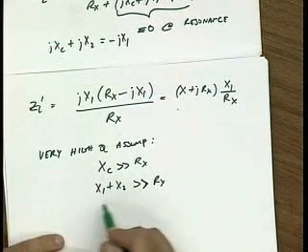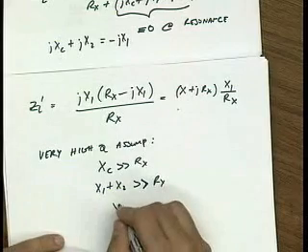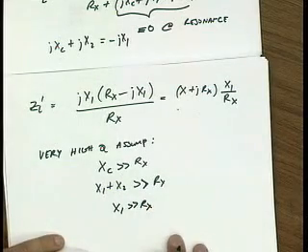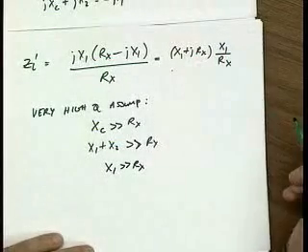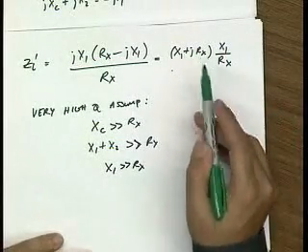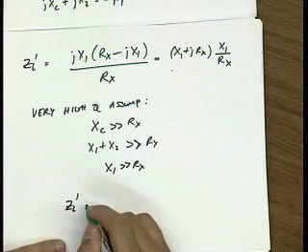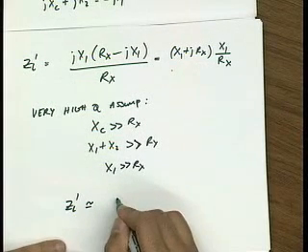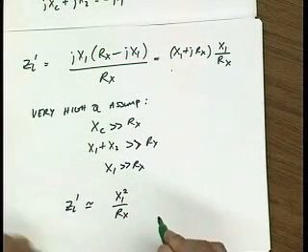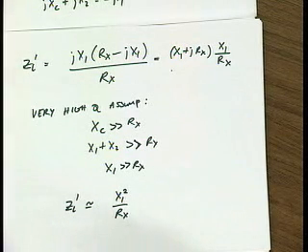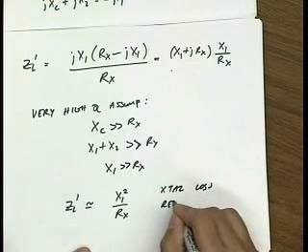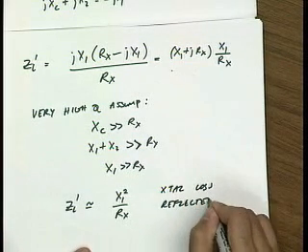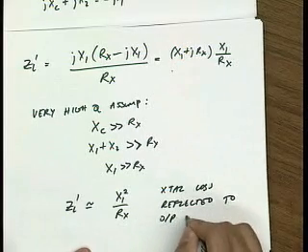And if these are on the same order of magnitude, that means X_1 is much bigger than R_x. So I can drop this term and calculate approximately X_1 squared over R_x. So this is the crystal loss reflected to the output of the oscillator.